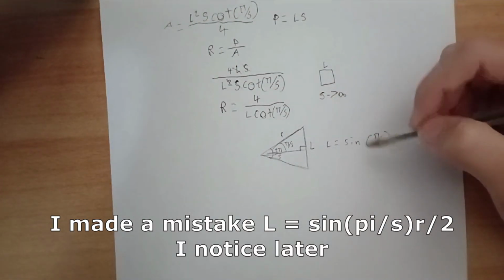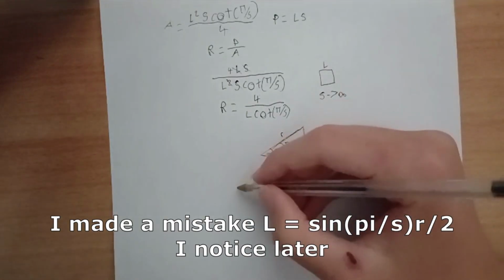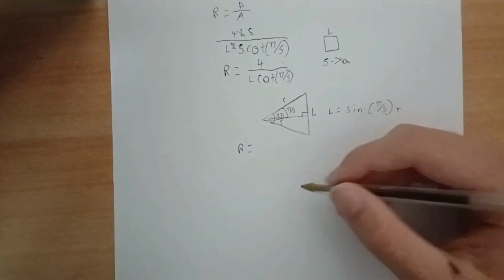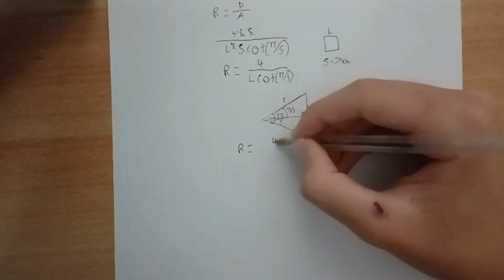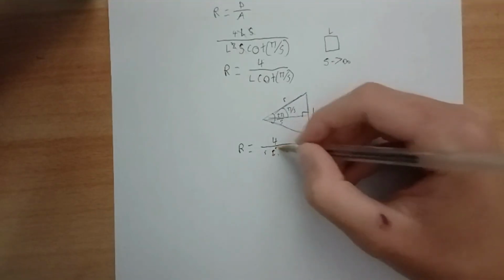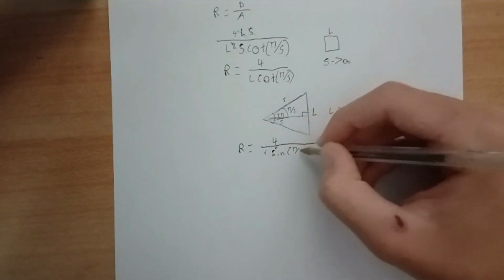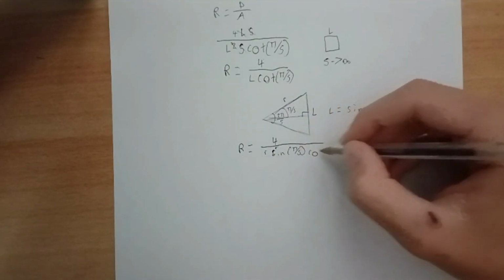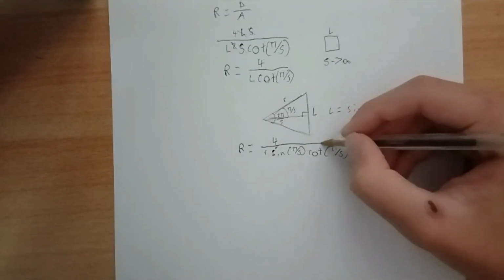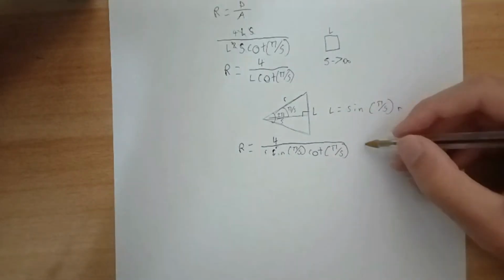And now we can just sub that into our equation. So we have r, the ratio of the perimeter to the area, is equal to 4 OR over OR sine pi over s cot pi over s. Now here's the funny thing.